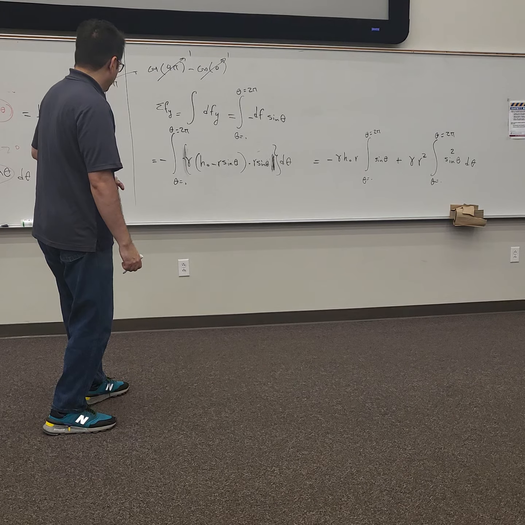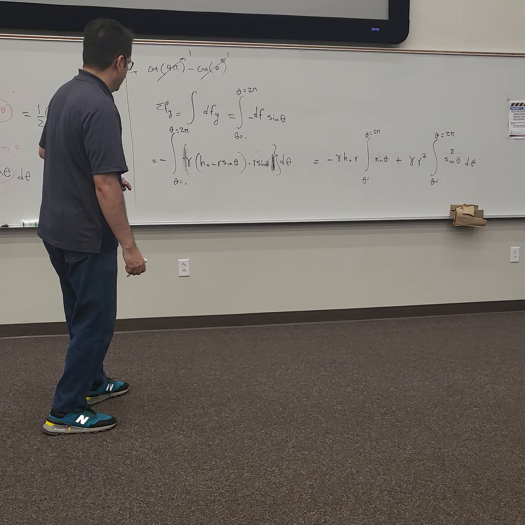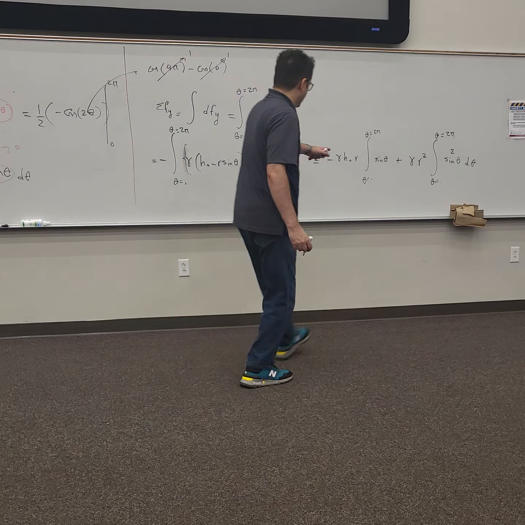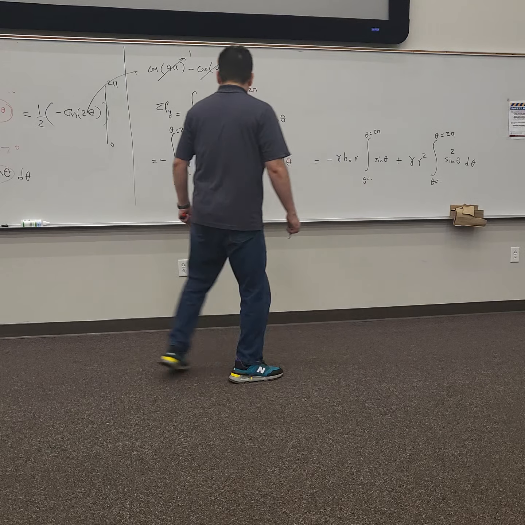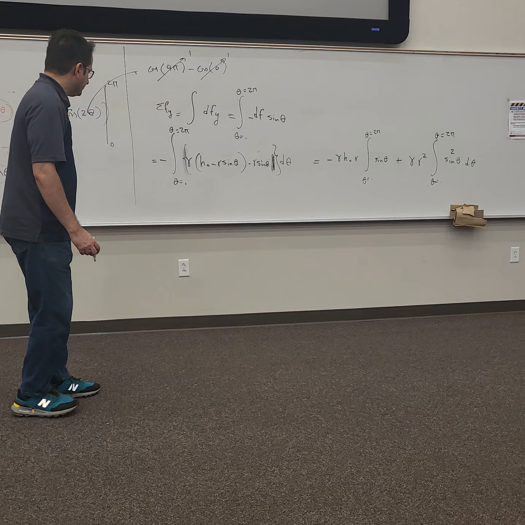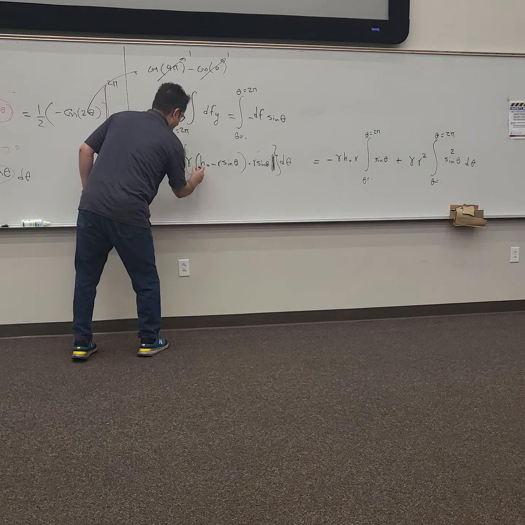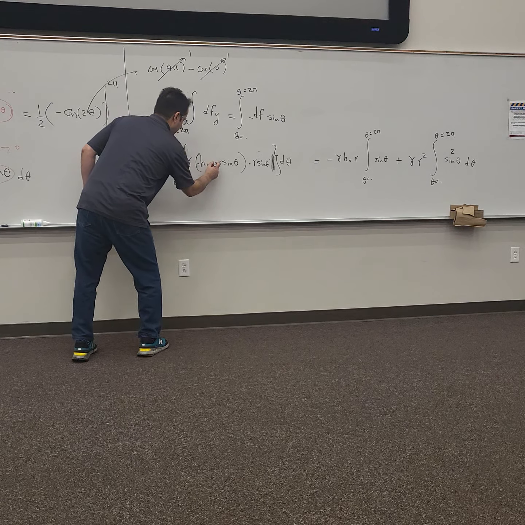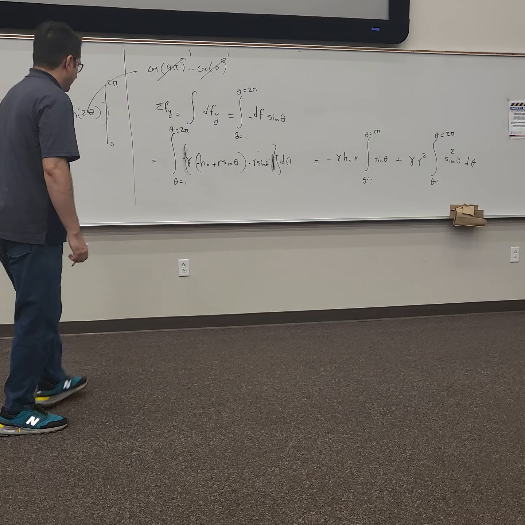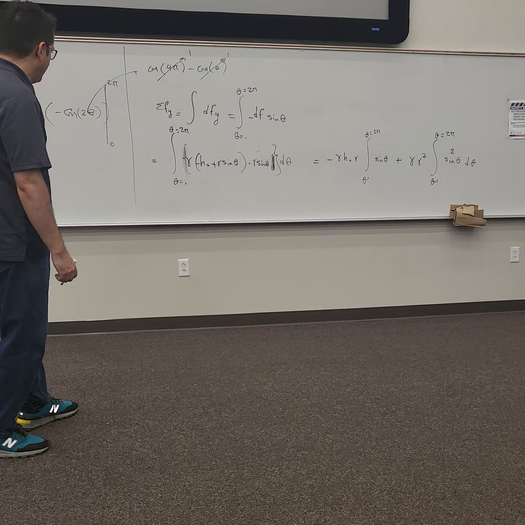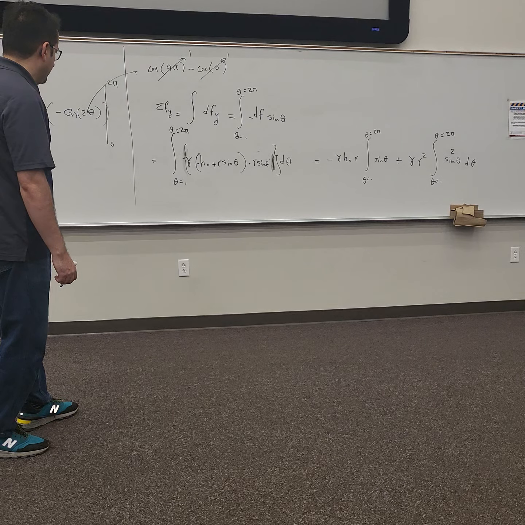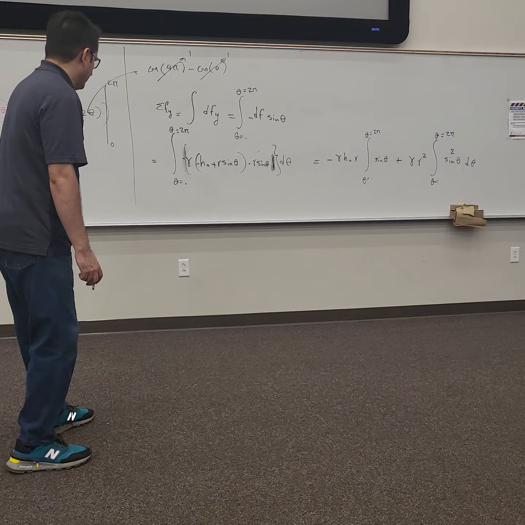So negative gamma h0 r sine theta, and then the second one, we can bring this negative here, so it's positive. The next one is going to be positive gamma r squared sine squared theta.